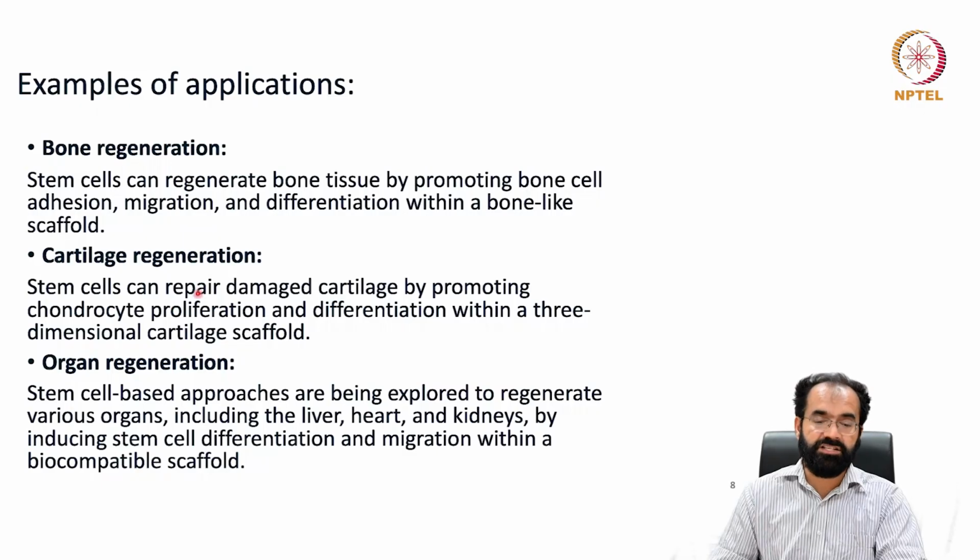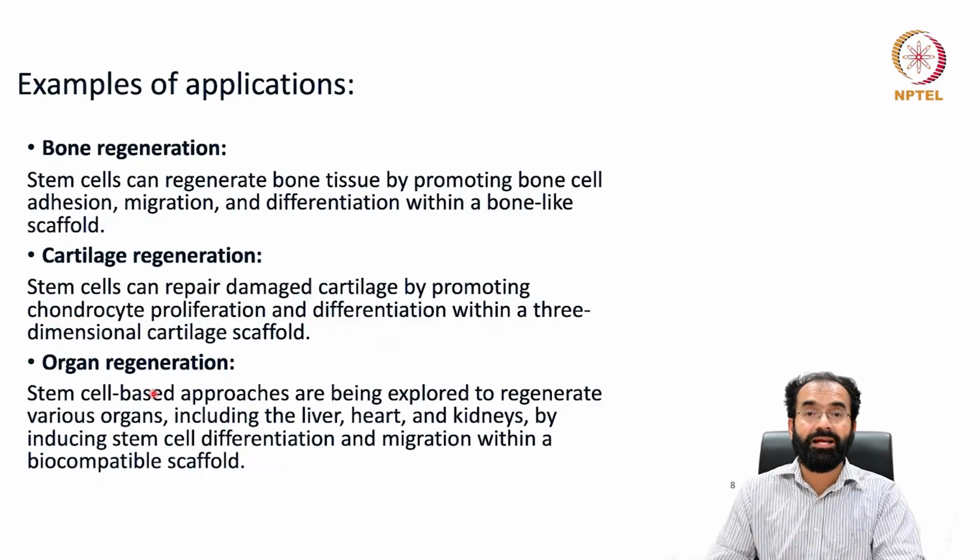And cartilage regeneration. Stem cells can repair damaged cartilage by promoting chondrocyte proliferation and differentiation within a three-dimensional cartilage scaffold. So you can design based on what should be the ultimate organ or ultimate tissue you are desiring. So organ regeneration.